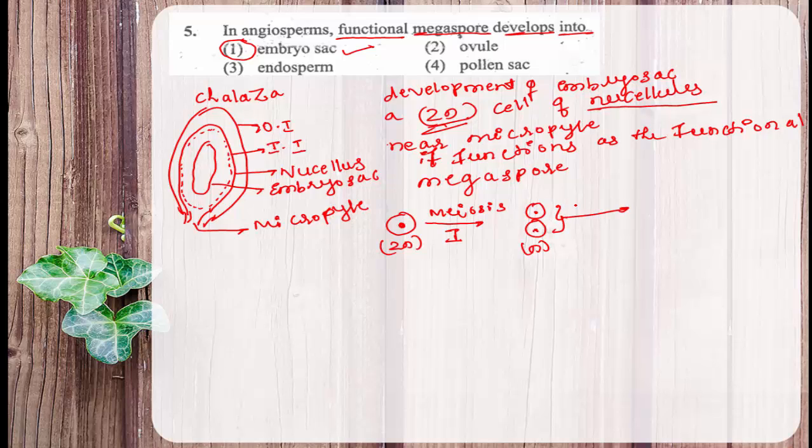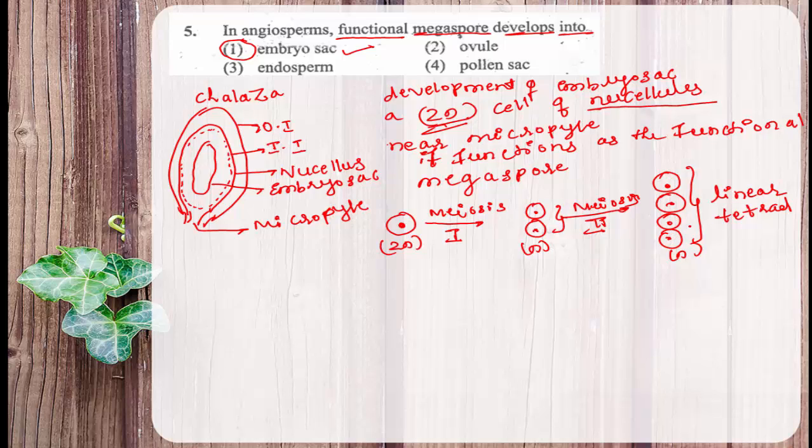Now both the cells undergo meiosis 2 and give rise to the formation of a group of 4 haploid cells, and all of them are arranged one above the another. This structure, where the 4 haploid cells are arranged one above the another, is called linear tetrad, and 4 cells are present in the linear tetrad.